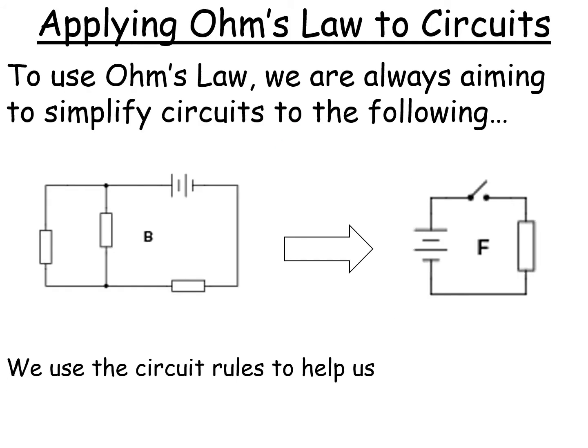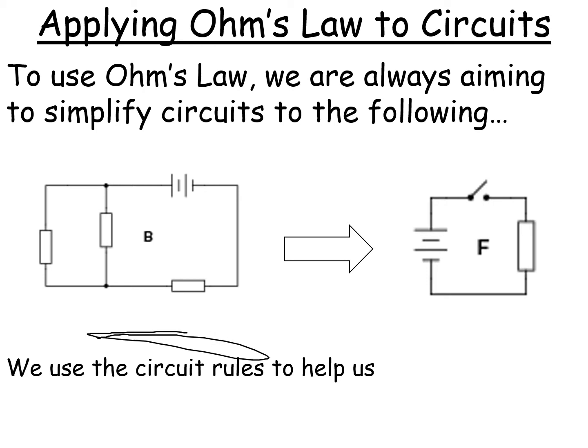So today's main lesson is we're going to apply Ohm's law to combination circuits which look like this, and we're going to be working out what the voltages and currents are in various parts of the circuits. Now, it's quite tricky to try and analyze something like this.